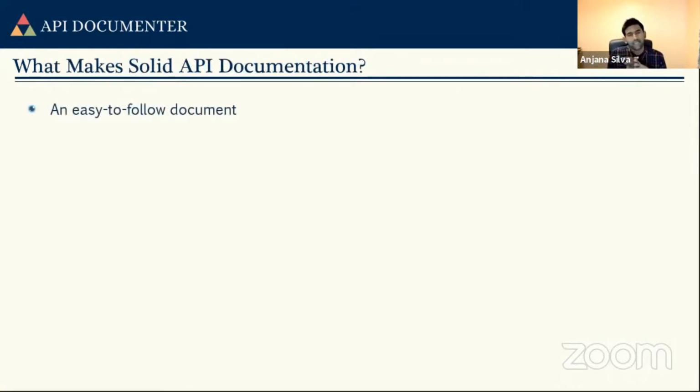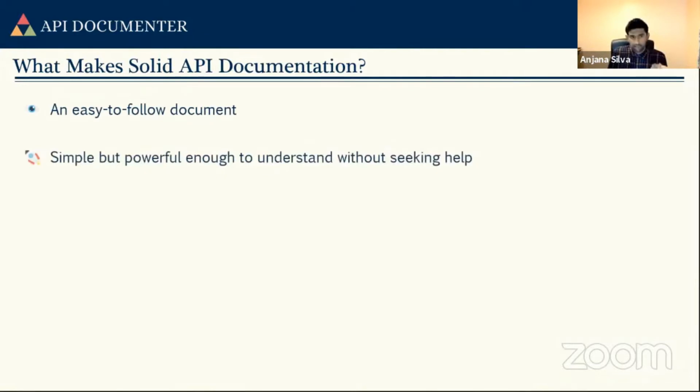The document must be easy to follow, and it needs to be simple, but still powerful enough to give enough information so they can make use of it without any help, and a well-organized structure. What I meant by well-organized structure is you should be able to group your endpoints in a logical manner.